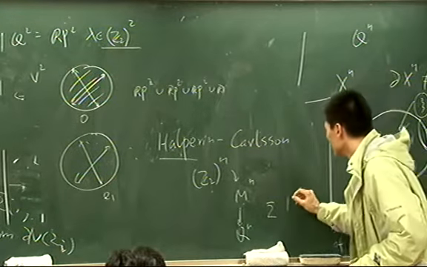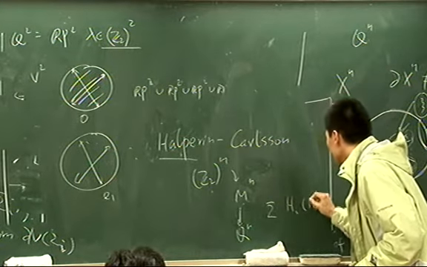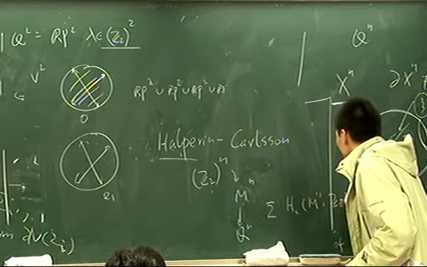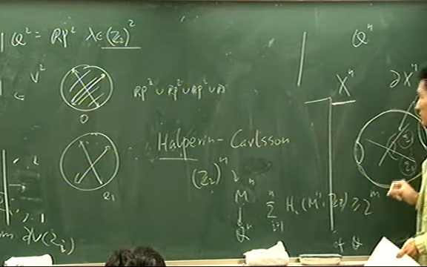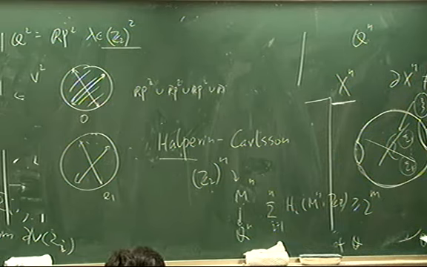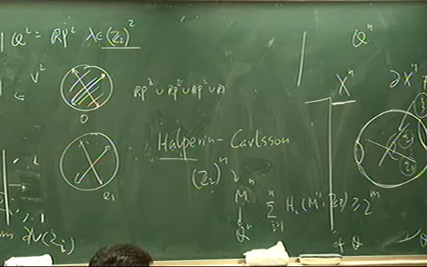Then the sum of the ranks of H^i(Mn; Z2) is at least 2^m. I think this is a conjecture I'm really interested to know how to prove.